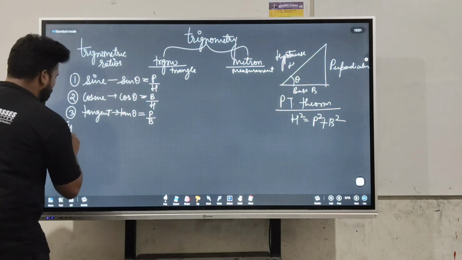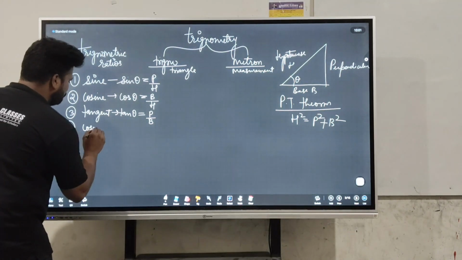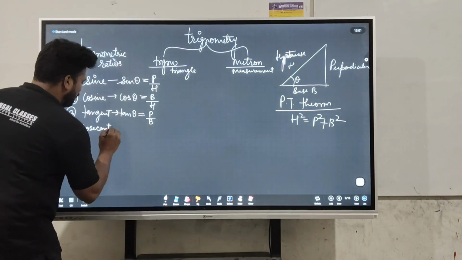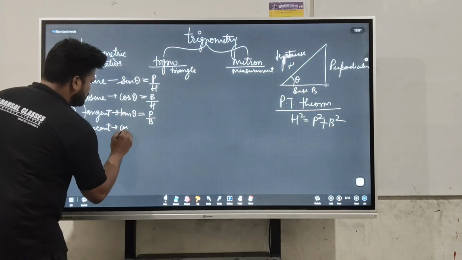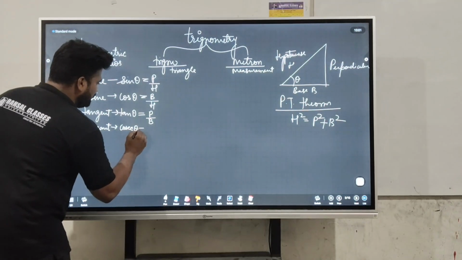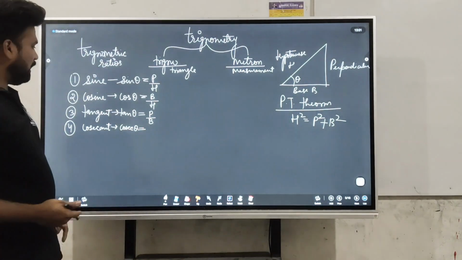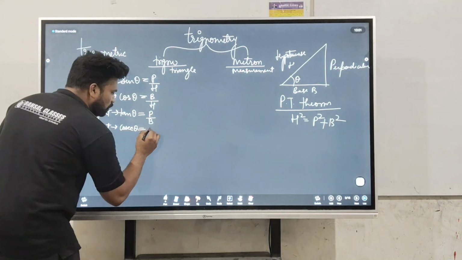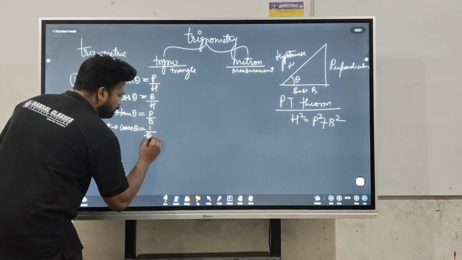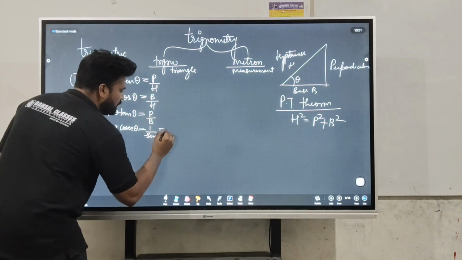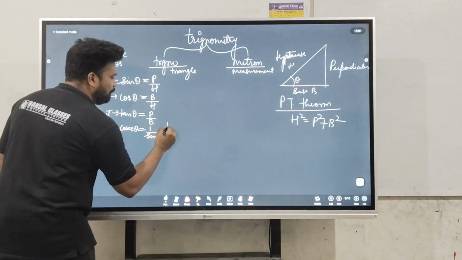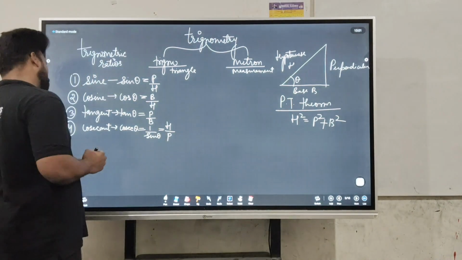The other one is cosecant, abbreviated as cosec theta. It is the reciprocal of the sine of the angle, also known as 1 upon sine theta, the ratio of hypotenuse upon perpendicular.